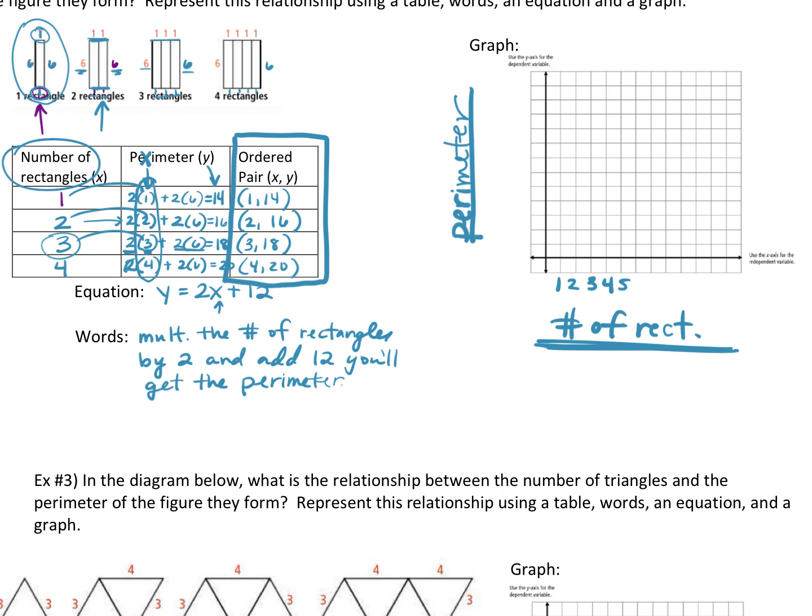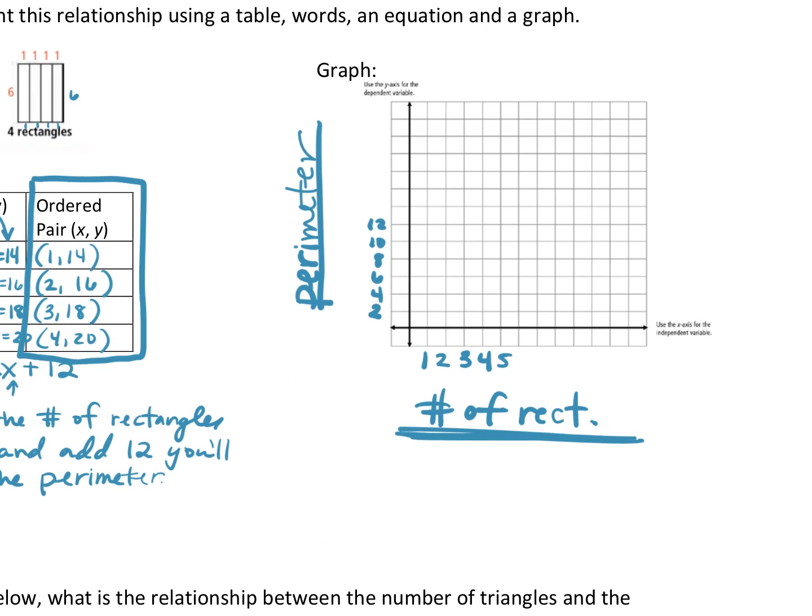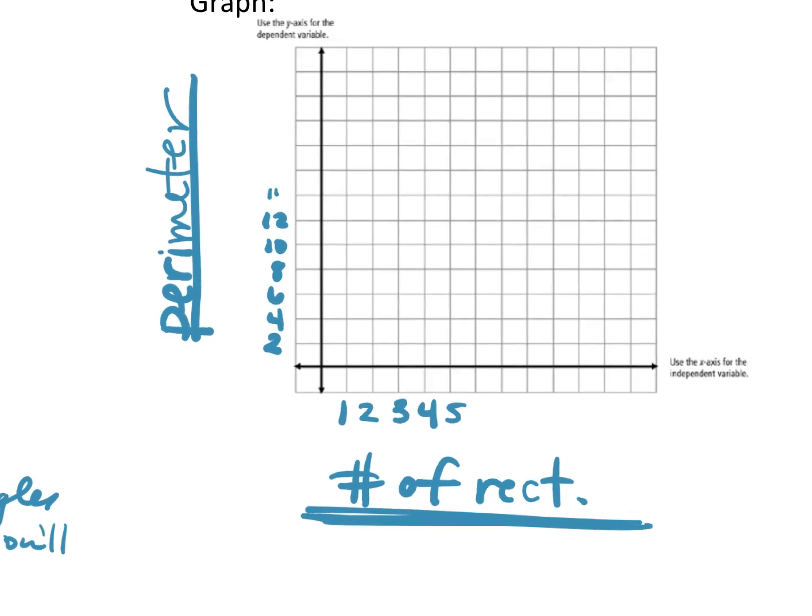What would be a decent number to count by for your perimeter? 2s would be good because it goes up by 2 each time, right? So you could go 2, 4, 6, 8, 10, 12, 14, 16, 18, 20, and that would get us all of our points.